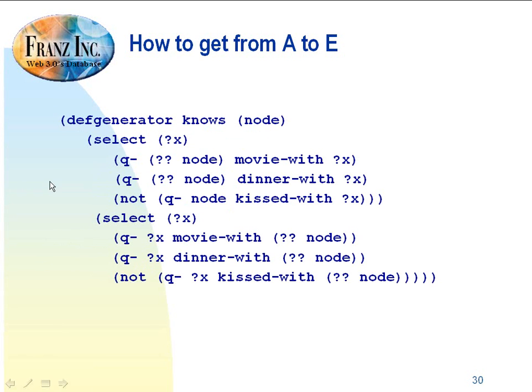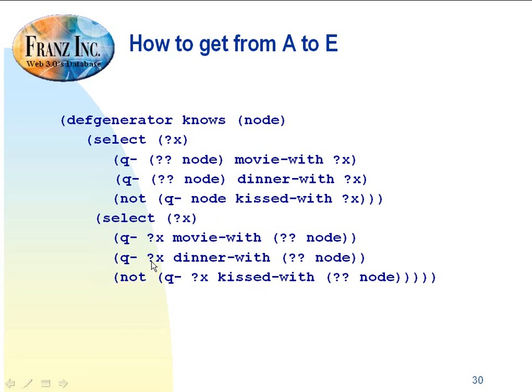And finally, what I want to show is that you even could put Prolog or SPARQL in the generator. So here you see the generator nodes where you say, okay, follow only those nodes where I went to the movie with someone and I had dinner with someone, but I did not kiss that particular person.